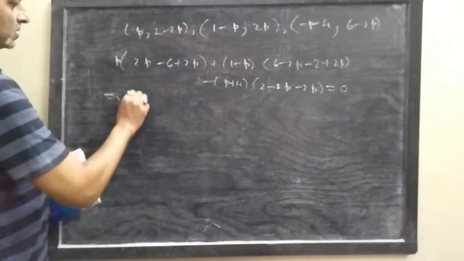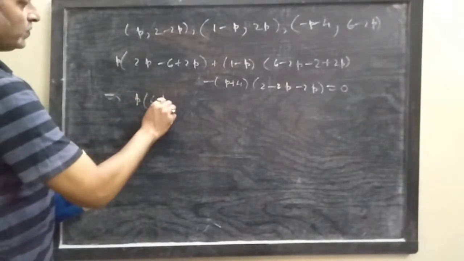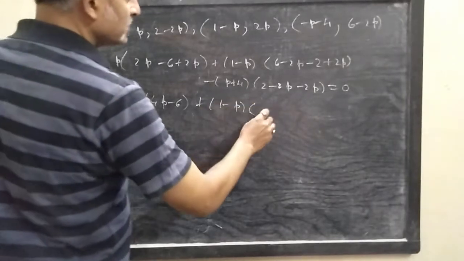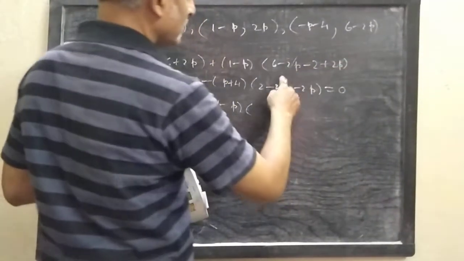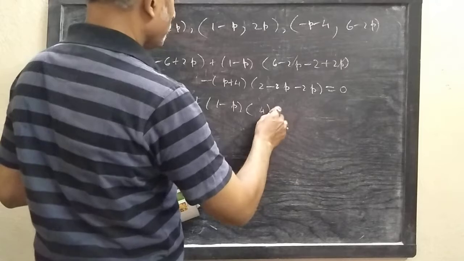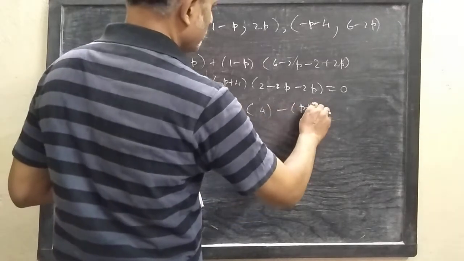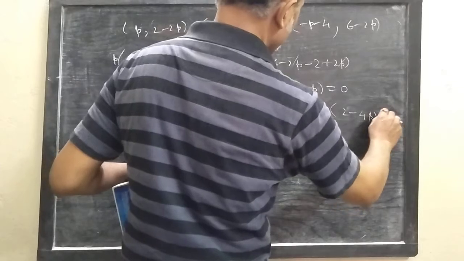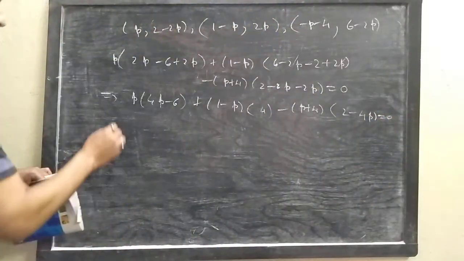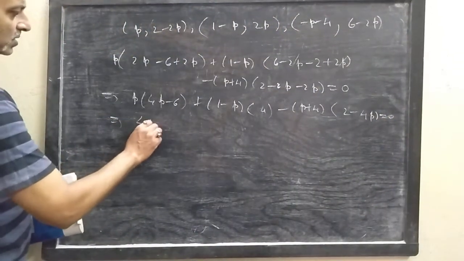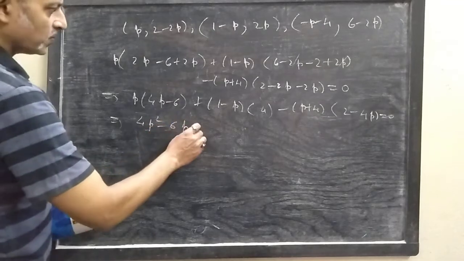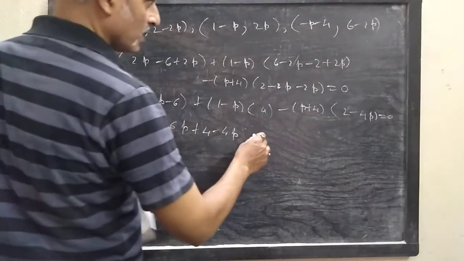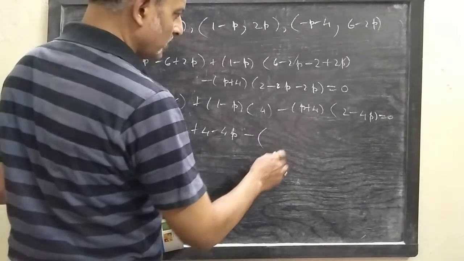That implies P into 4P minus 6, 1 minus P into 2P cancelled, this becomes 4 minus P plus 4 into here 2 minus 4P equals 0. Now open the brackets, 4P square minus 6P plus 4 minus 4P minus within bracket.